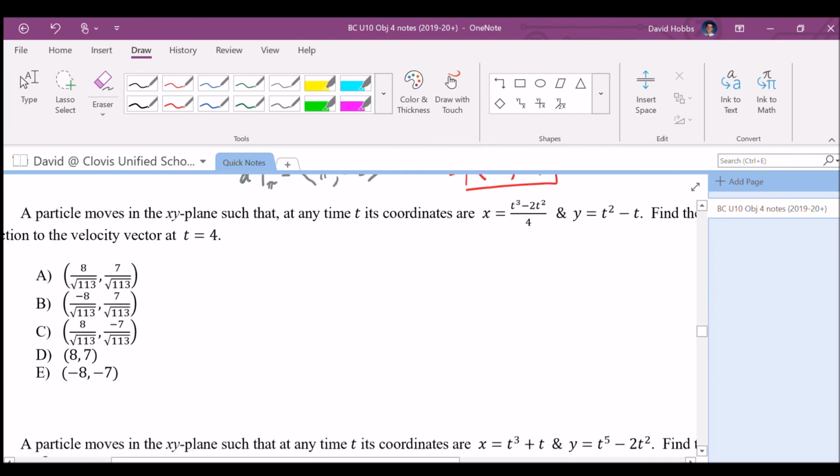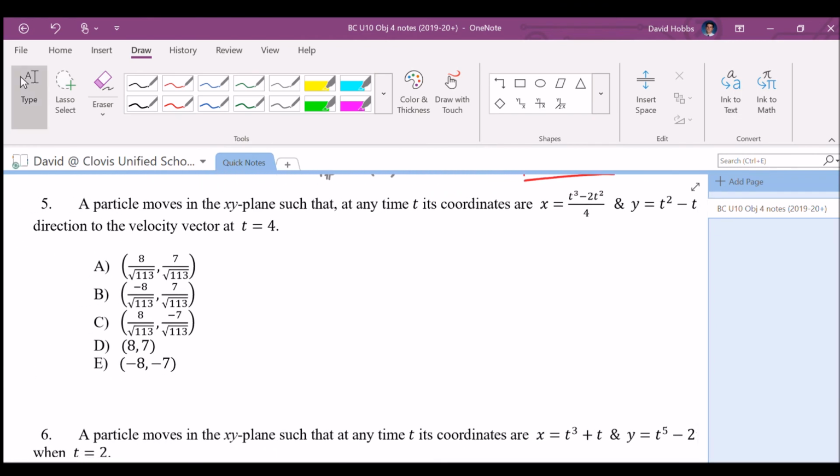Find the vector that is opposite in direction to the velocity vector at t equals 4. Okay, so let's figure out what the velocity vector is.